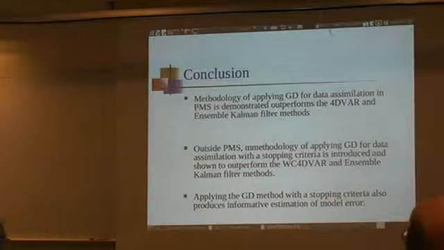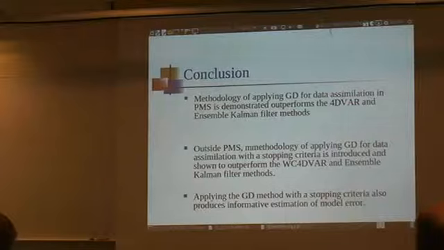One question. If you want to apply this in a real problem, in order to apply this gradient descent, you need to store all the model states at the same time and perform gradient descent on all that data. That's a huge data set. But we don't need to. Although the minimization is in the m times n dimensional space, you don't need to store everything in the n times m matrix.